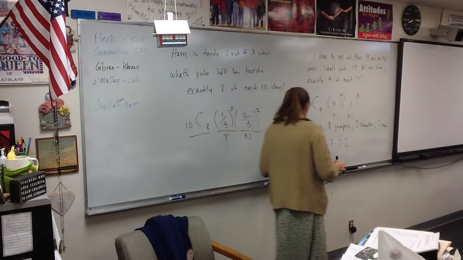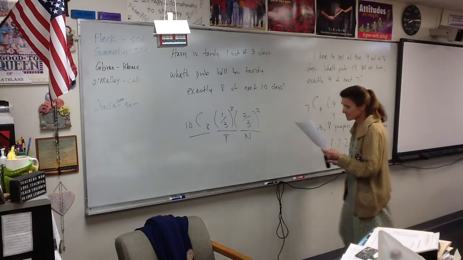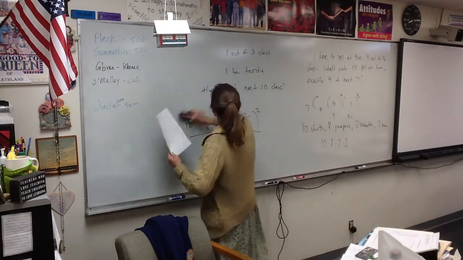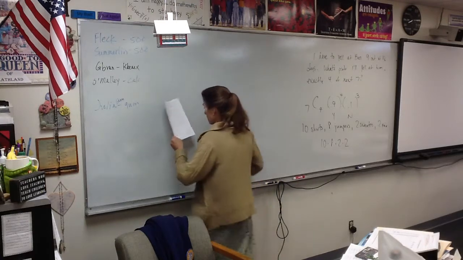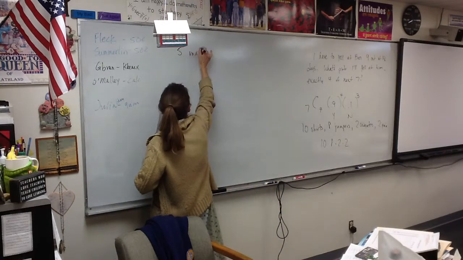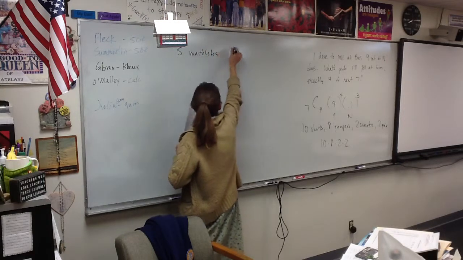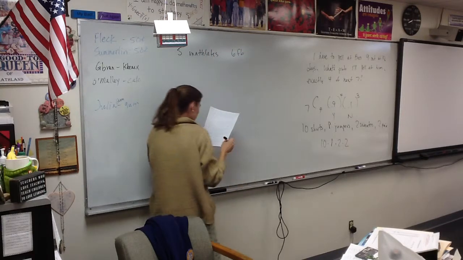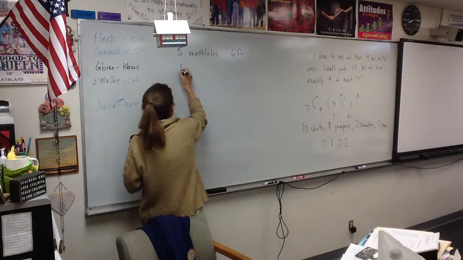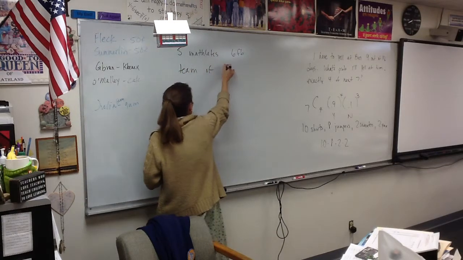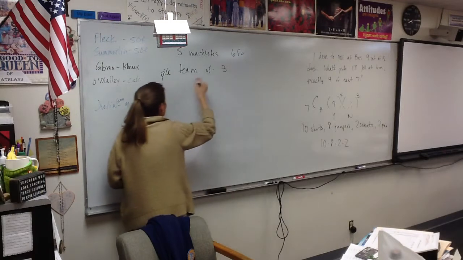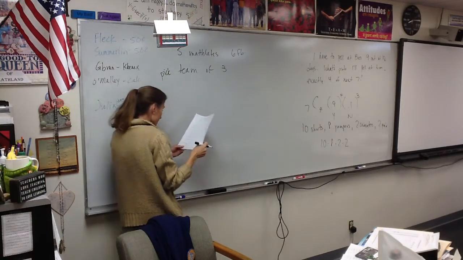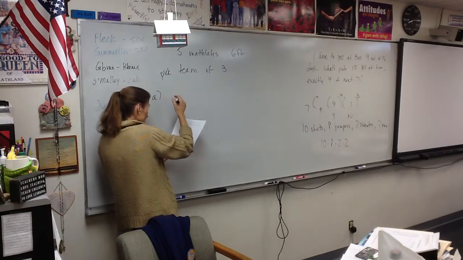All right, we have 5 mathletes and 6 football players. Okay, I'm going to pick a team of 3. So these are the kids in the room. Here we go.